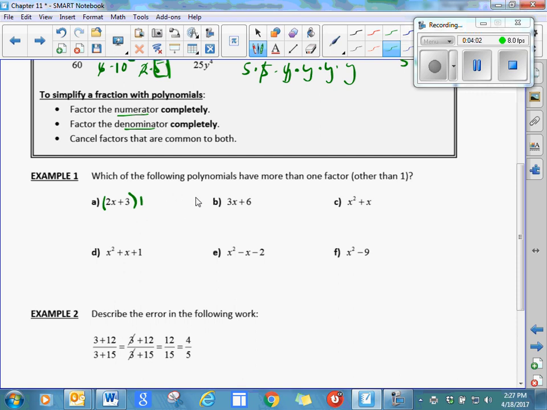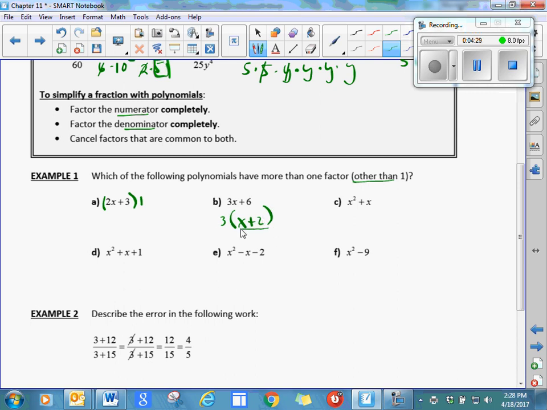But we're asking, are there any other factors besides 1 that we can rewrite this expression with, actually factoring that common factor out? So this one, no, this is all we can do. 2x and 3 don't have any other common factors. 3x plus 6 does have a GCF of 3. So I can rewrite this as a product of these two factors.